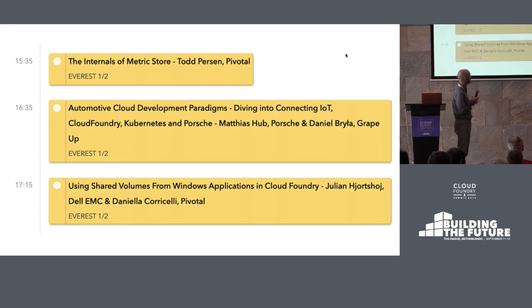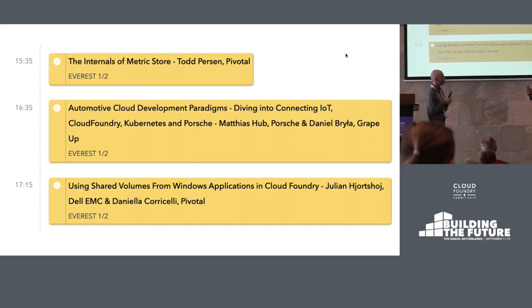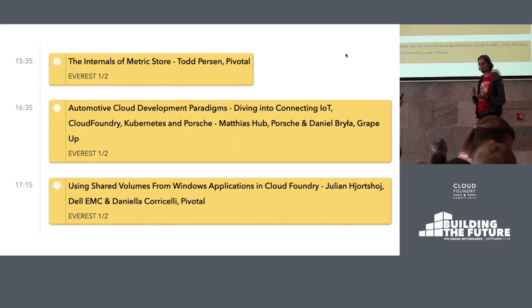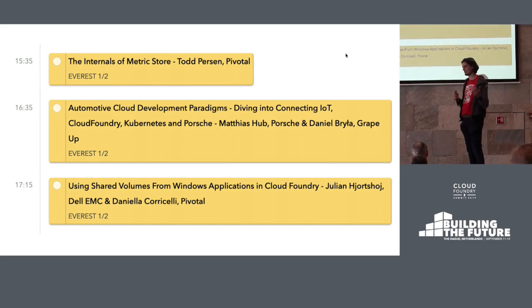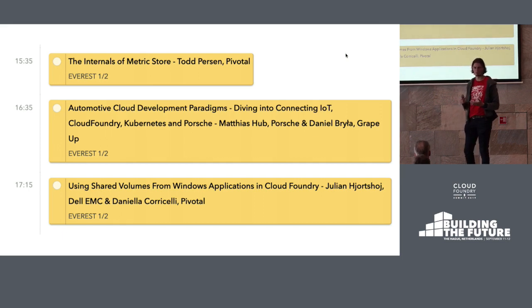This is actually quite a big deal, I think, because Cloud Foundry has always been about not keeping state, right? We are able to stream logs and stream metrics, and now we're talking about storing things, so the platform is taking a different direction there. Looking forward to that talk.